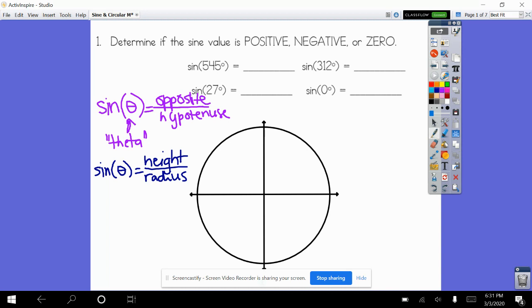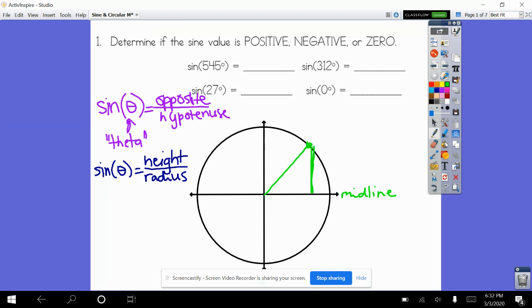So I want to start by showing on the circle when is sine positive, when is sine zero, and when is sine negative. So first of all, whenever I make a triangle where the point is above this, what we call the midline, whenever I make a triangle that goes up, the height is positive.